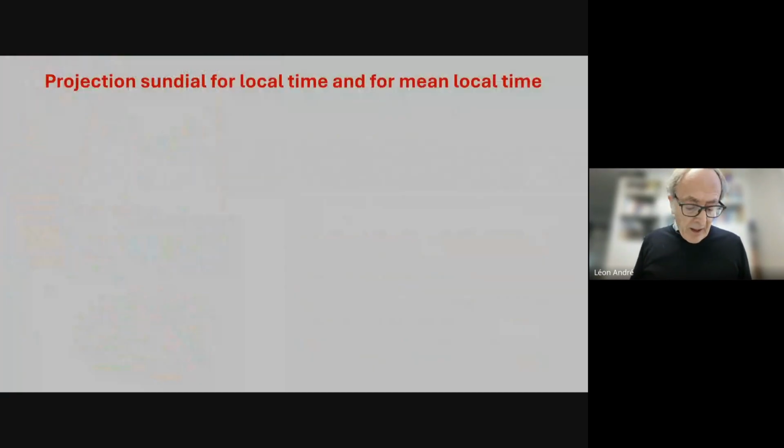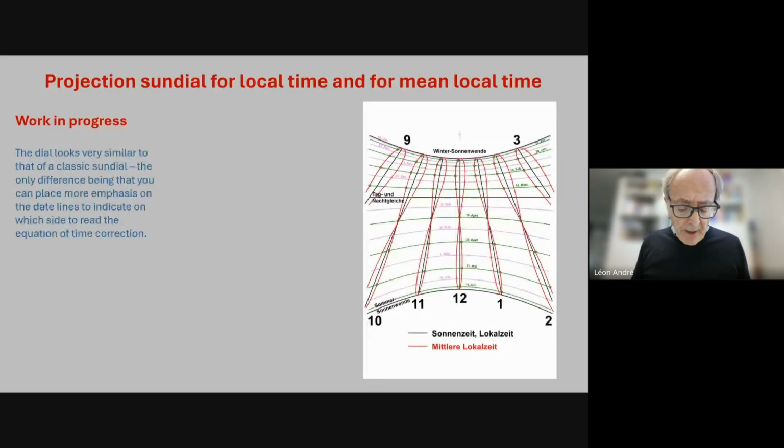Next. I will keep this brief regarding the projections of local and mean local time, as I'm not entirely satisfied with its current development. Therefore, I regard it as work in progress.